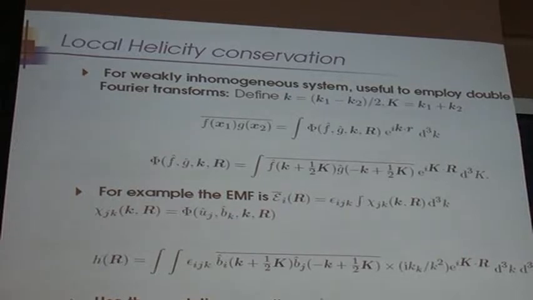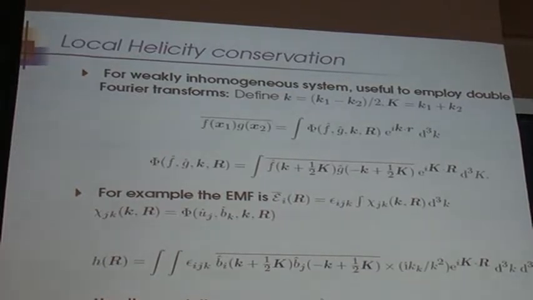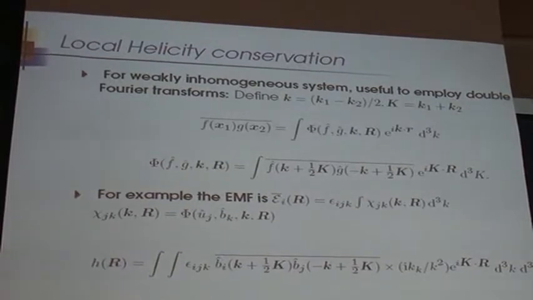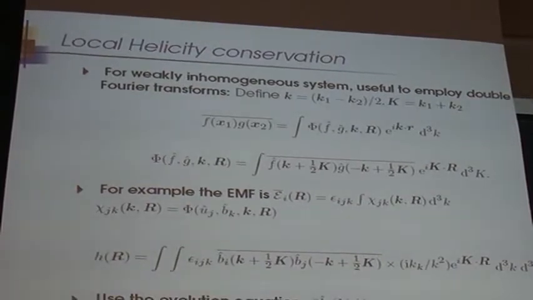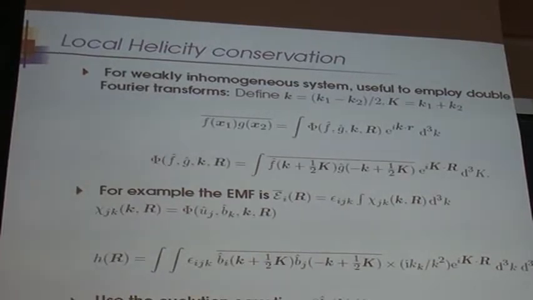There will be a u cross b bar, which would give you the electromotive force. There would be a u bar cross b. There will be a small u cross small b, which is a nonlinear term, and its average, and there will be a resistive term.